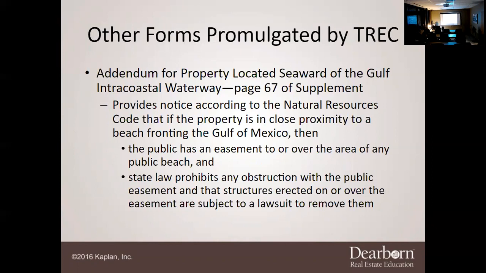State law prohibits any obstructions with the public easement, and structures erected over or on the easement are going to be subject to a lawsuit to remove them.